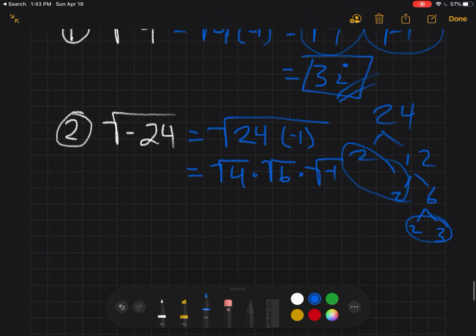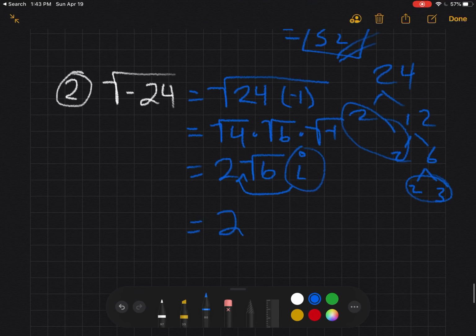But that's okay, we know what to do. I'm going to look for some factors of 24 to see if I can find a perfect square. So I see that 4 times 6. So I'm going to look at this as the square root of 4 times the square root of 6 times the square root of -1. So the square root of 4 gives me 2.